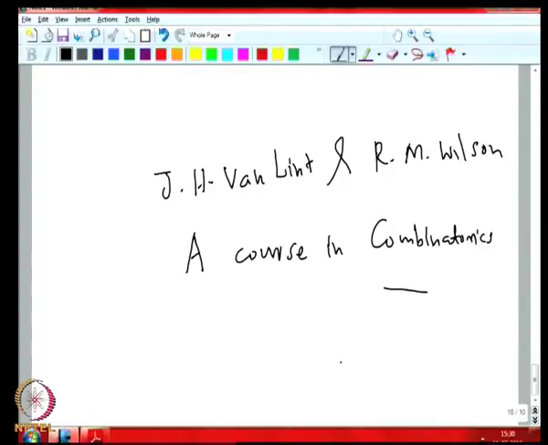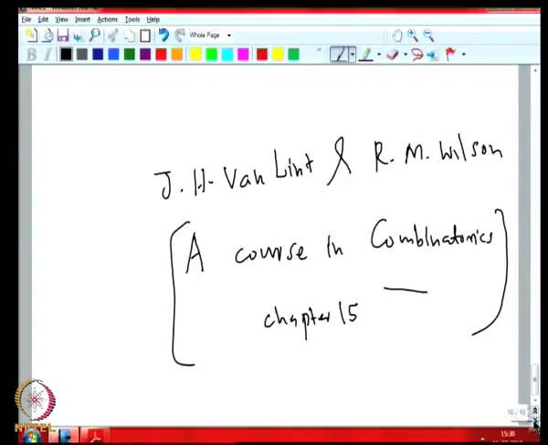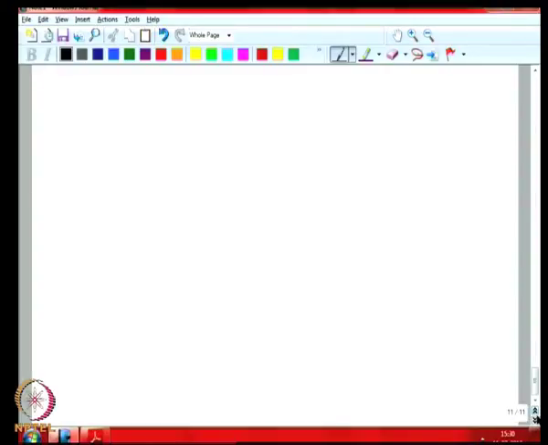It is the 15th chapter. There will of course be other books, but this is one reference I can give. But we do not want to discuss more on partitions, because we want to see other things, right.